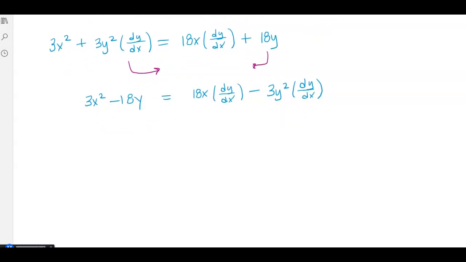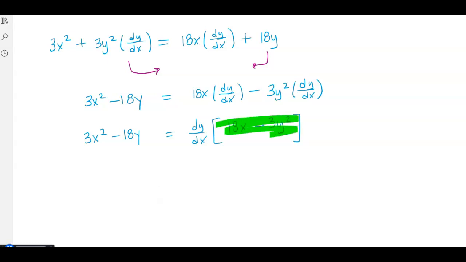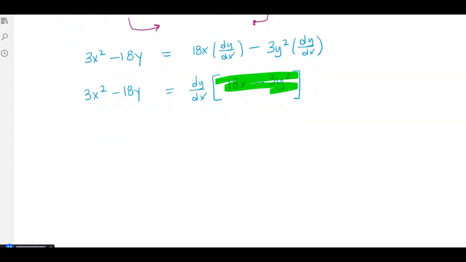On the right-hand side, I'll factor the dy/dx's out to the front. Then I can divide both sides by this whole thing so that I can get my final answer.